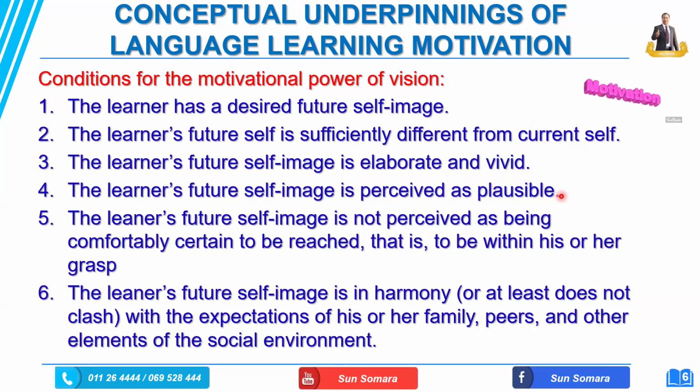Number four, the learner's future self-image is plausible. Number five, the learner's future self-image is not perceived as being comfortably certain to be reached, that is, to be within his or her grasp. Number six, the learner's future self-image is in harmony, or at least does not clash, with the expectations of his or her family, peers, and other elements of the social environment.